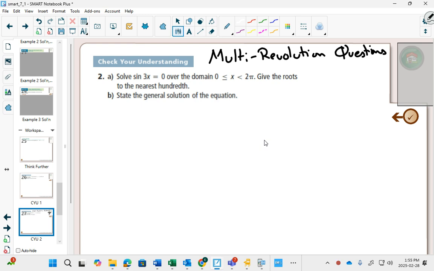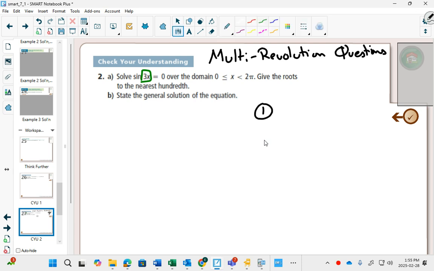Okay, so a major type of question is a multi-revolution question. A multi-revolution question is a solving question that has a horizontal stretch or compression built into it. So we have sine 3x equals 0. What are we going to do in a multi-revolution question?